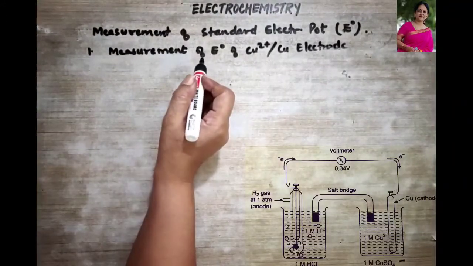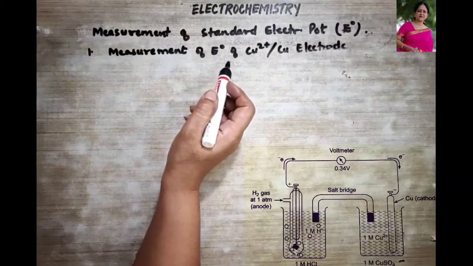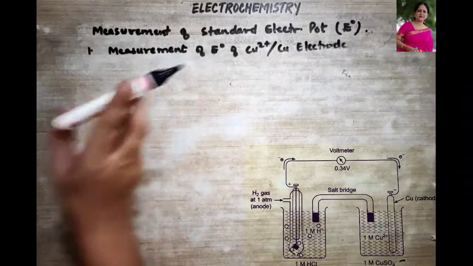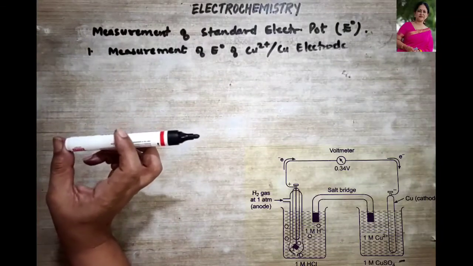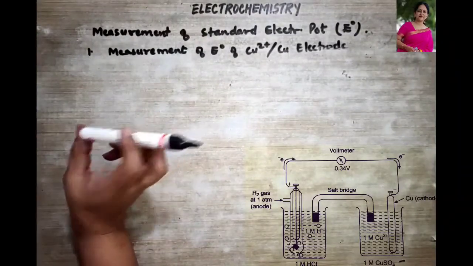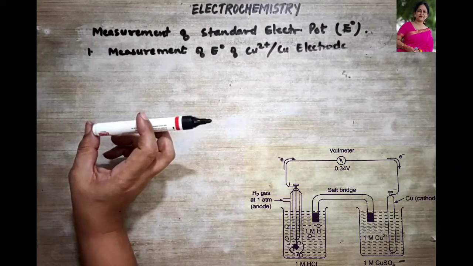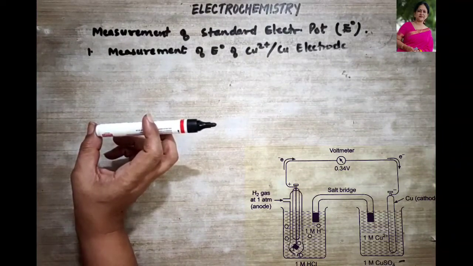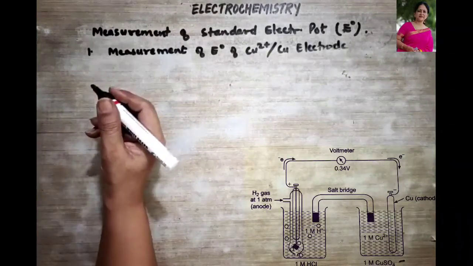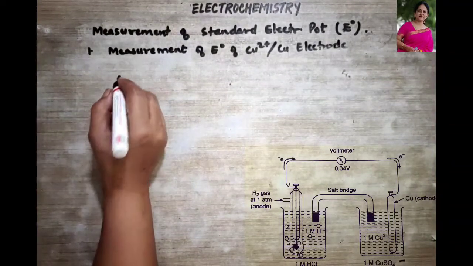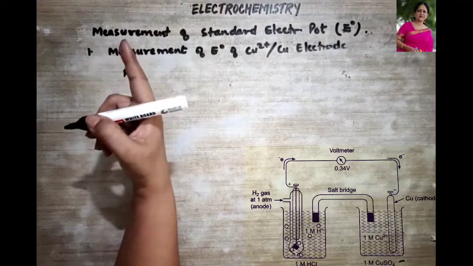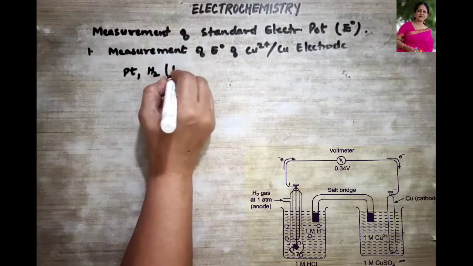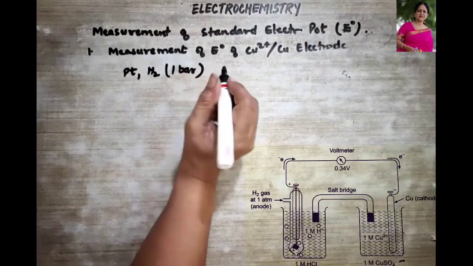So over here, to measure the standard electrode potential of the copper ion and copper electrode, a cell is constructed. If you can check the figure, by immersing the copper electrode in 1 molar copper sulfate solution and then connecting it to the standard hydrogen electrode, right? So over here, how can we represent the cell? It could be represented with platinum, as we had done earlier, and hydrogen gas at 1 bar, right?